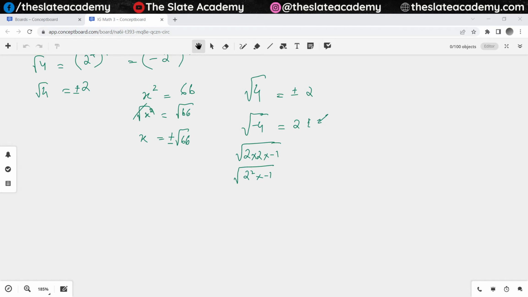I can also write this as root 2 squared into under root minus 1. And root 2 squared will be plus minus 2, and under root minus 1, this is what I call iota. So this is the whole logic behind why, if we do root of minus of something, it would give me that number and iota.